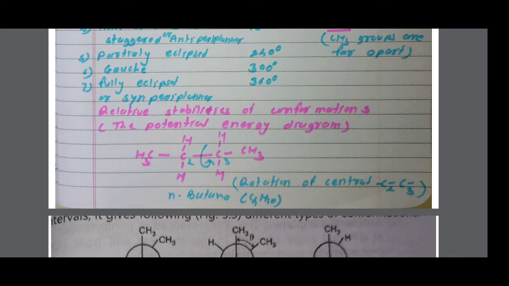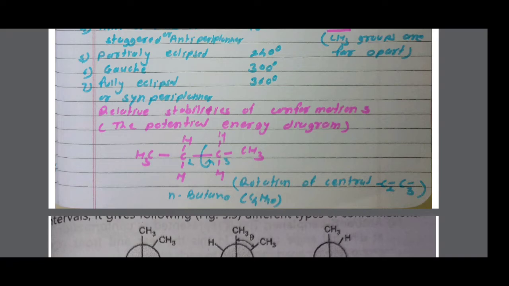As in ethane, the eclipsed conformations have higher torsional energies and hence are less stable than the staggered conformations. But in case of normal butane, due to the presence of methyl groups, there are several different staggered conformations due to the torsional strain as well as the steric strain.